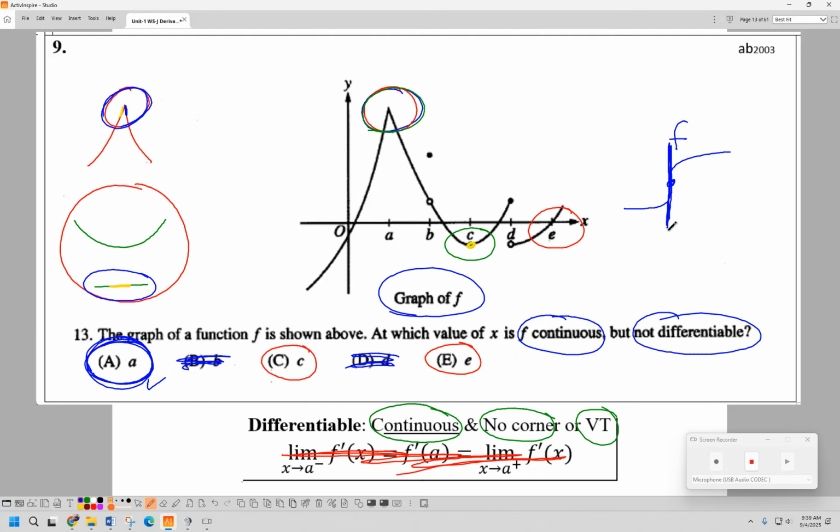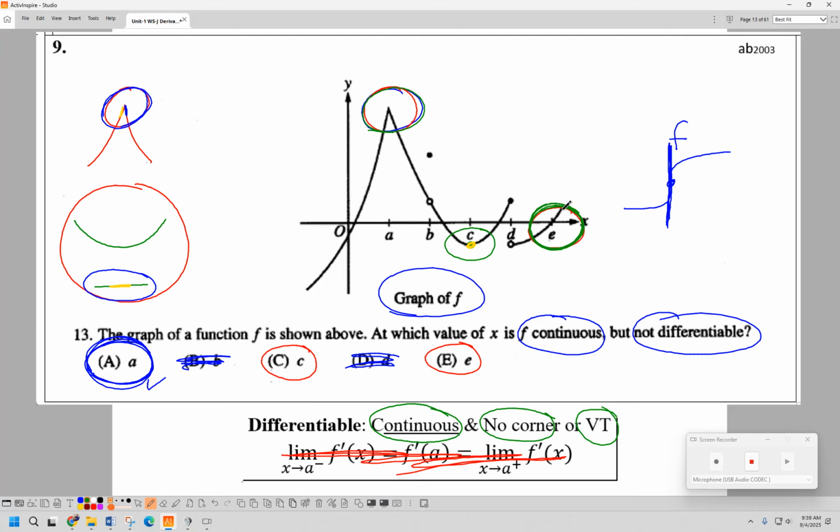Questions? Why wouldn't it be e? So at x equal e, we said the function is continuous. Now we want to see if the function is differentiable. One way to do that is to ask yourself, is there a corner right there?